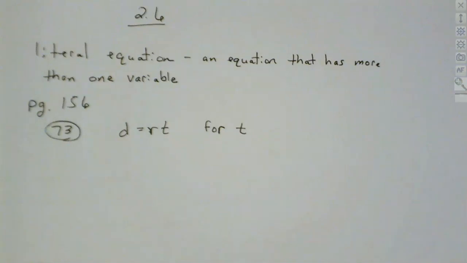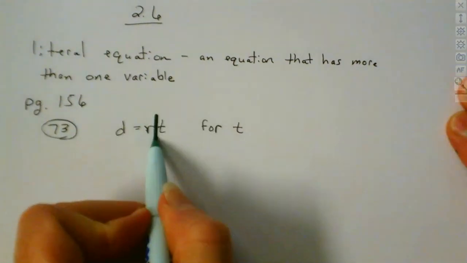Now, we think in terms of opposites. The opposite of multiplication, again, is division. The opposite of addition is subtraction, and so on. So what are we trying to solve for? T. That means we need to get the t by itself. Now, how do I get the t by itself?